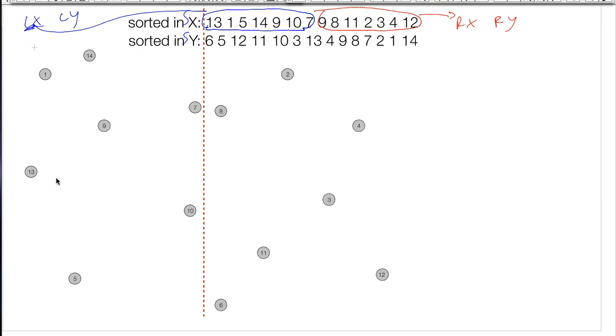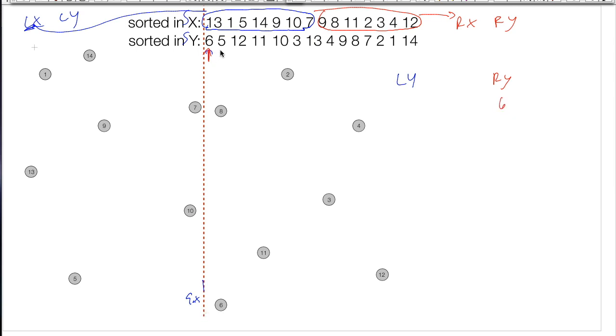Here's what we do in order n time. We start with this point, and we know that this is Qx, right? We just scan this list right here, and we start a list. Let's call it LY and RY. And we do the algorithm I love, which is you keep a pointer on the first thing and move that pointer all the way across the array. So 6 happens to be on the right side of Qx, so we'll write 6 down.